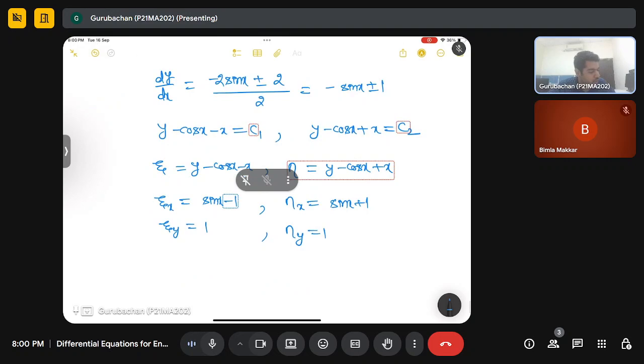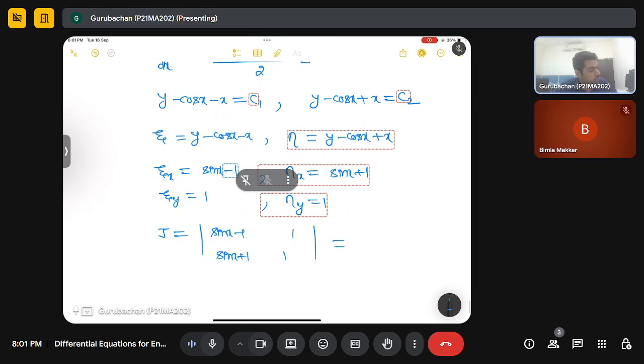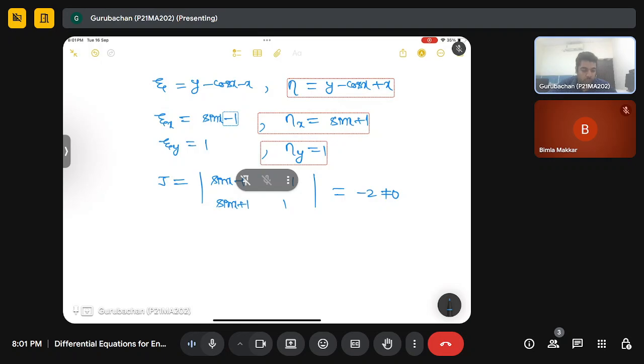So its Jacobian is sin x minus 1, 1, sin x plus 1, 1. So this will give us sin x minus 1 and minus sin x plus 1, that is minus 2, that is a non-zero quantity.